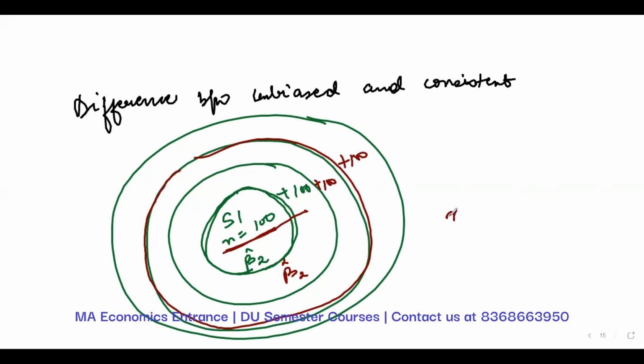Then as the sample size keeps on increasing, the newer and newer beta 2 hat that you keep formulating will tend to the true value of the beta 2 from the population. If that is the case, then we say that beta 2 hat is consistent.